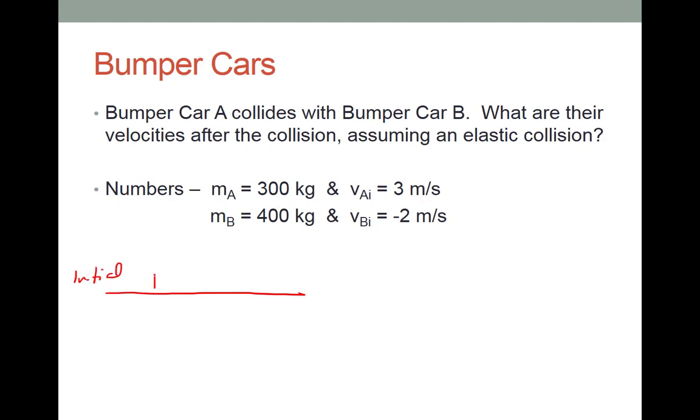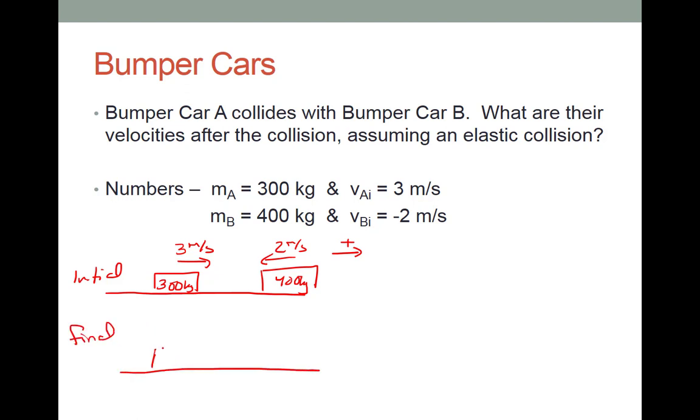We have a 300 kilogram car moving at 3 meters per second, and a 400 kilogram car moving at 2 meters per second. And notice in this I defined to the right as positive. And then we don't know what is going on here yet, so we're just going to leave it generic.